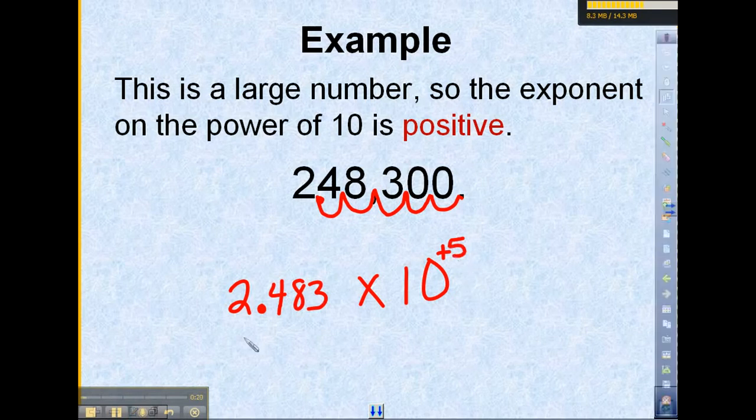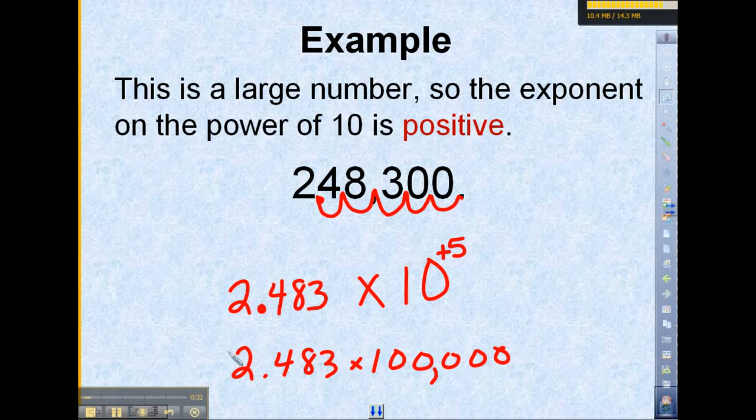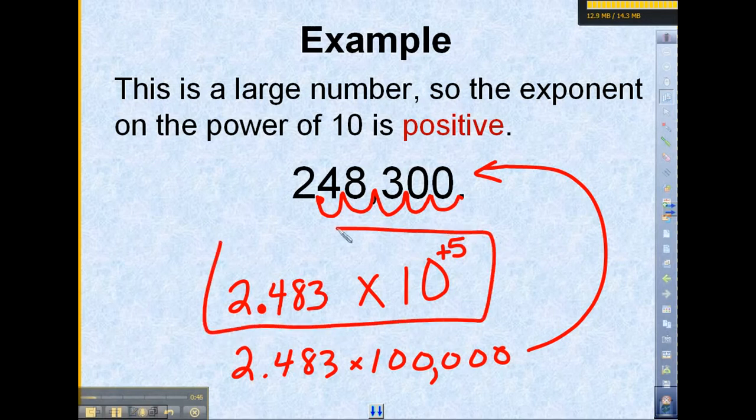So what we did was we took 2.483 and multiplied it by 1, 2, 3, 4, 5. We multiplied 2.483 by 100,000, and it gave us 248,300. This right here is this number in scientific notation.